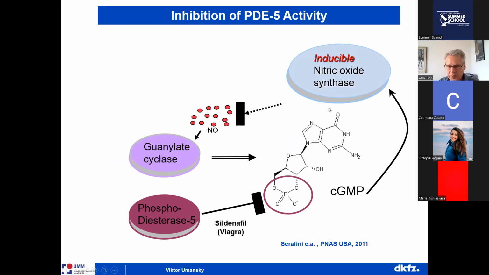So cyclic GMP is accumulated, and cyclic GMP is important for the activation of inducible nitric oxide synthase, which can produce nitric oxide, activate guanylate cyclase, which can go to cyclic GMP. But in case we have enough cyclic GMP, it's not necessary to activate inducible nitric oxide synthase, because there is no need to produce more cyclic GMP.